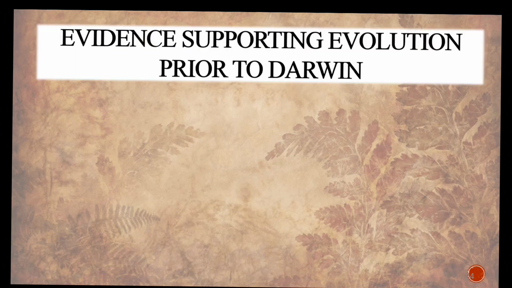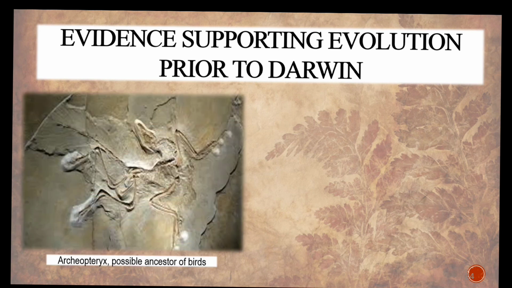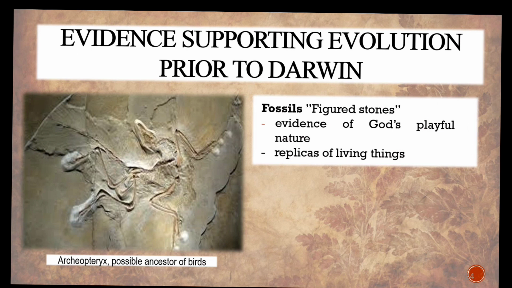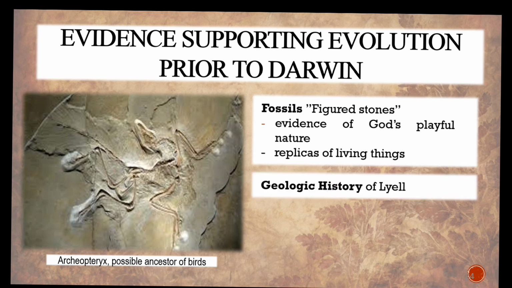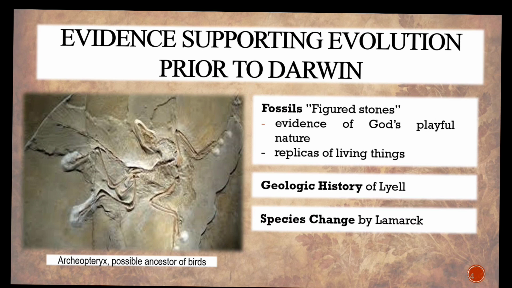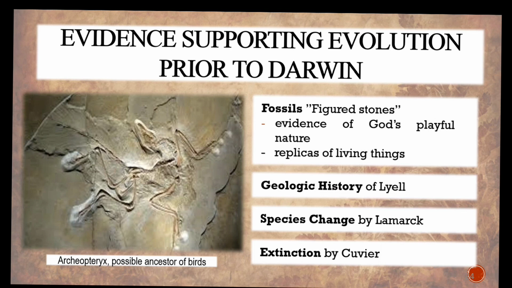So what are the evidences supporting evolution prior to Darwin? This fossil was considered to be evidence of God's playful nature, replicas of living things. There is also evidence: the geologic history of Lyell, then the species change by Lamarck, and extinction by Cuvier.